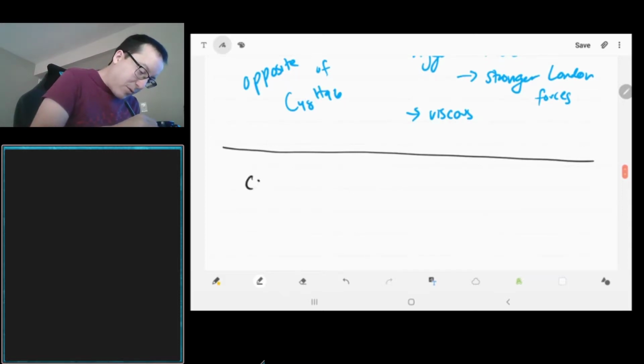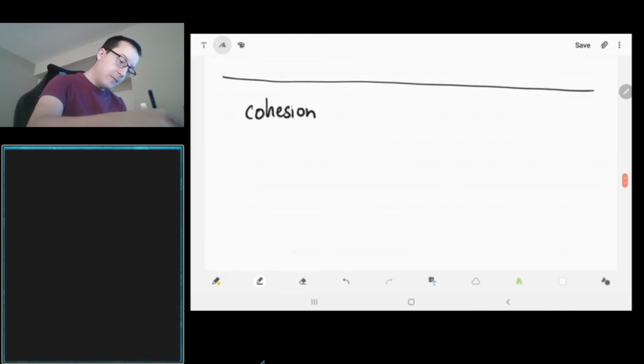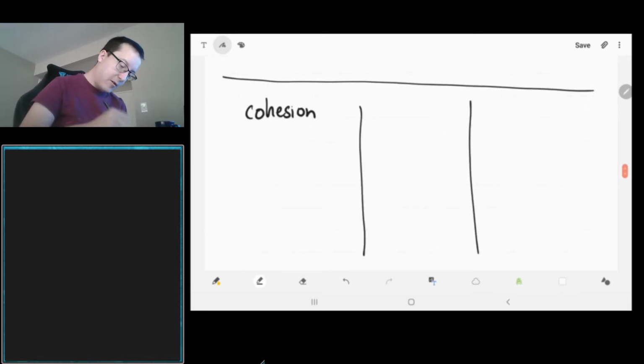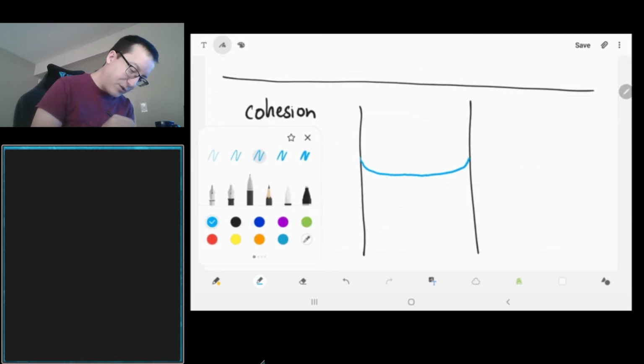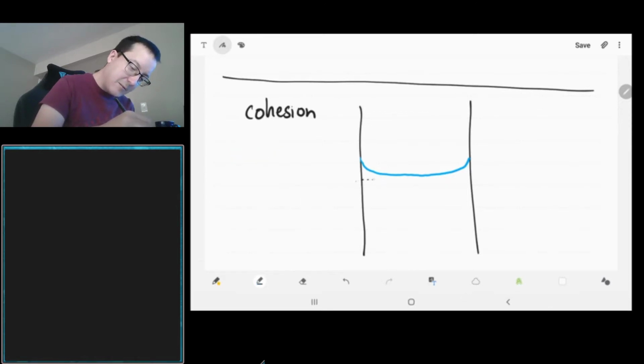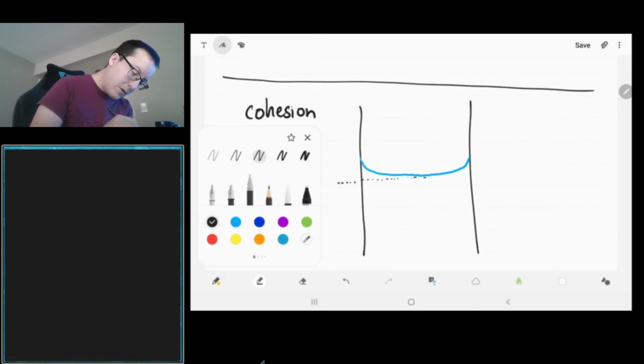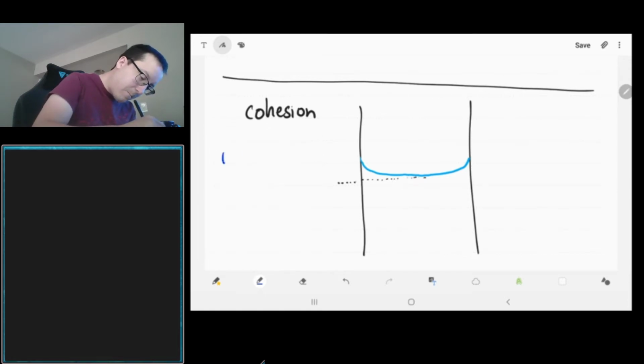We have a property called cohesion. If we put our water into a glass cylinder, we get this shape, which we learned was called a meniscus, right? And we would always measure our cylinder from the bottom. The water is attracted to glass.